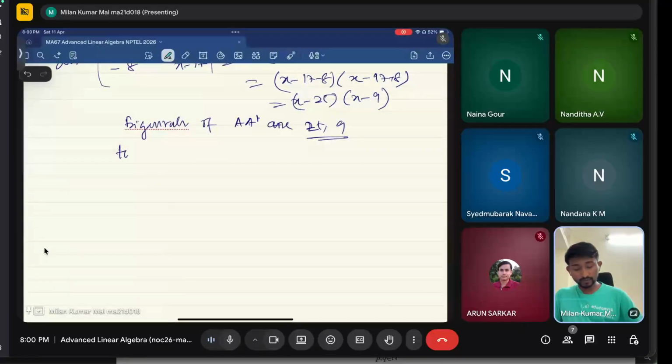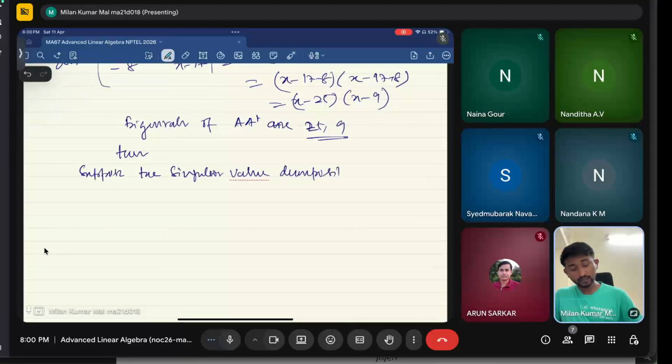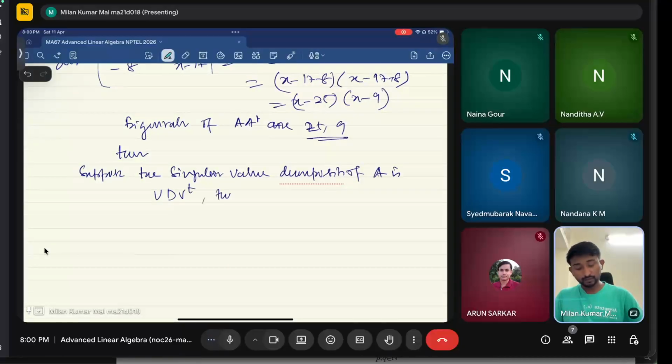Then this is a general theorem. Suppose the singular value decomposition of the matrix A is U D V transpose, because it is in the real situation. If it is in the complex situation, it has to be the adjoint. Then D has to be equal to the diagonal of the square roots of the eigenvalues.